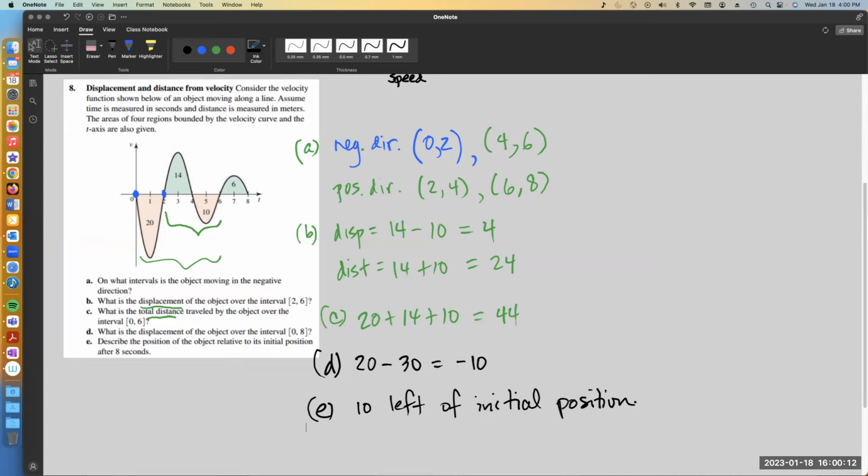Does that make sense? Would we just say 10 units if they don't give us any other measure? Yeah, in some of these problems, they're not giving us any units. I don't see any units here, so it would just be 10. We could say 10 units left.